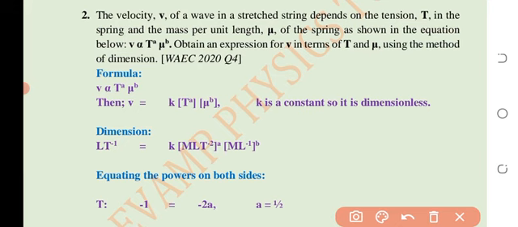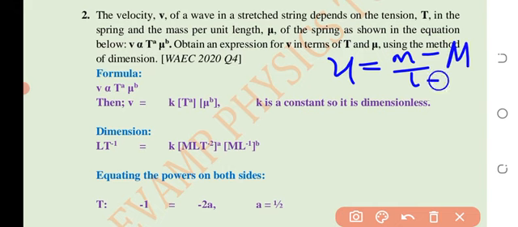So every force, any type of force, will have the same dimension, and we've derived the dimension of force in one of the tables that we've treated previously in this video. And mu is mass per unit length, that is mu will be equal to mass over length, and the unit of mass is kilogram, and the dimension will be capital letter M, while length is having dimension of capital letter L.